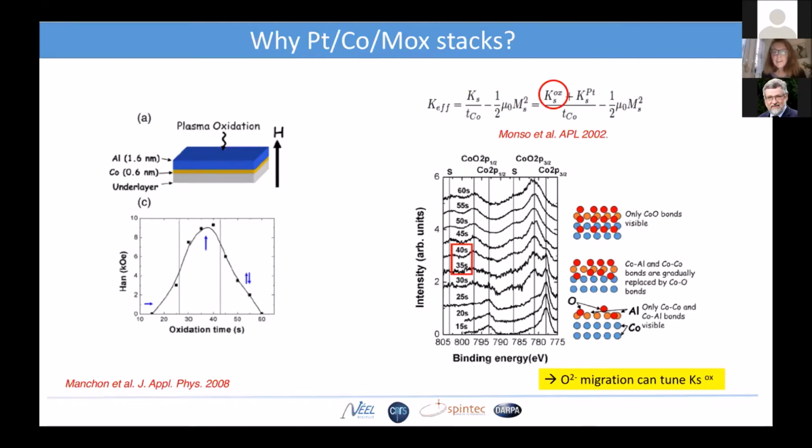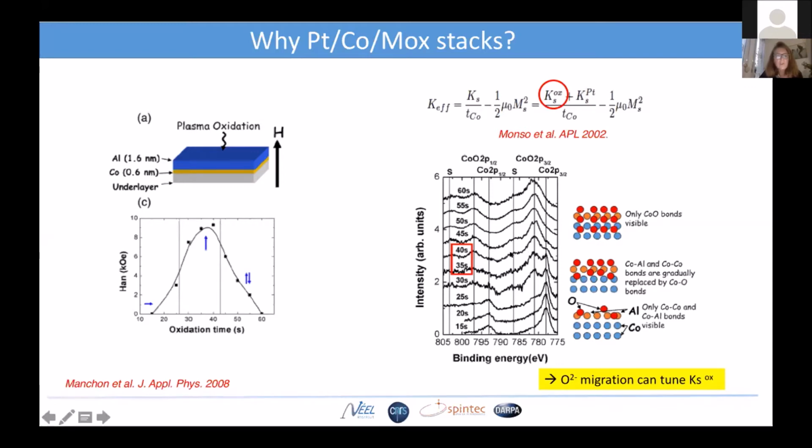In 2008, we found out through XPS measurements that this maximum anisotropy was associated with the situation where, at the interface between the cobalt and the aluminum oxide, most of the cobalt-aluminum bonds were gradually replaced by cobalt oxide. Where the PMA is maximum, the cobalt is completely covered by a layer of oxygen.